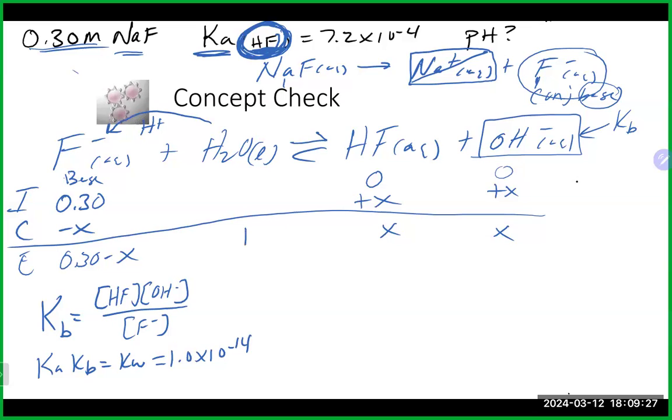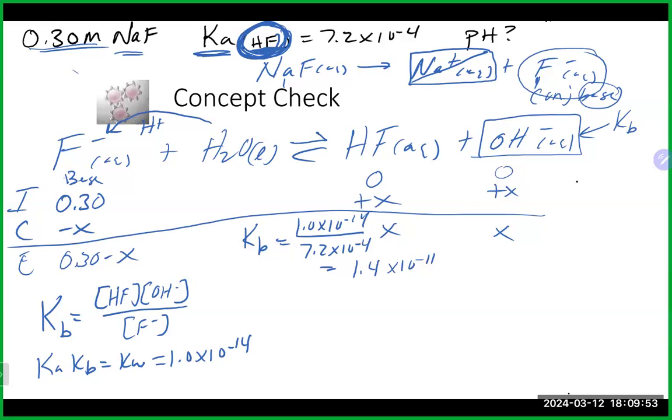So that means that the Kb, which is what we need, would be 1 times 10 to the minus 14 divided by the Ka value that was given to us, 7.2 times 10 to the minus 4. And if we do that there, it's going to give us, we'll call it 1.4 times 10 to the minus 11.